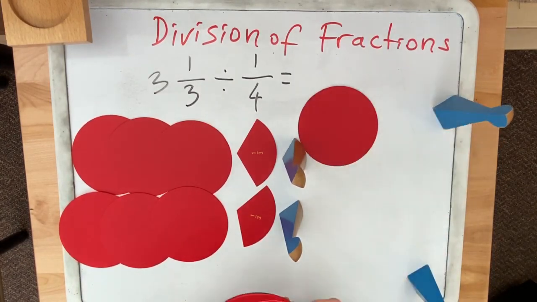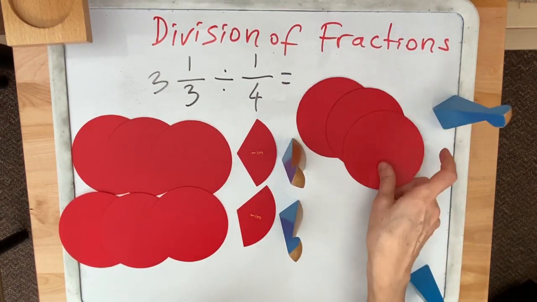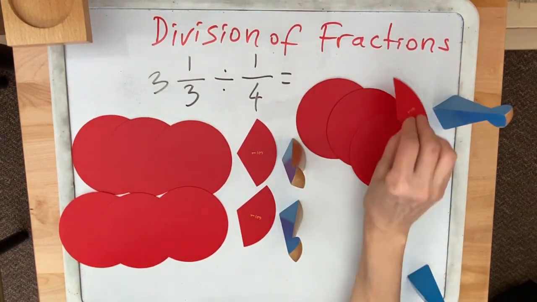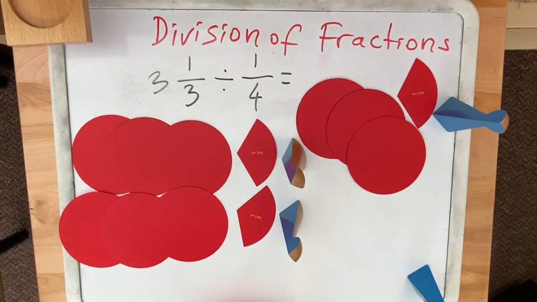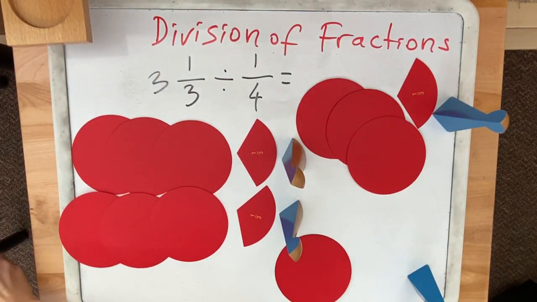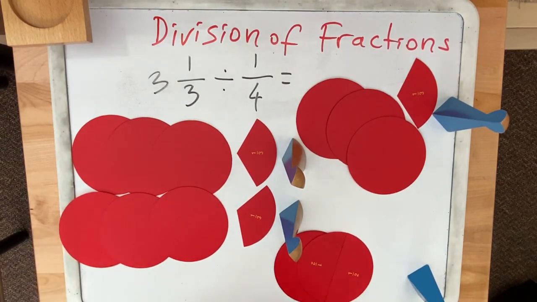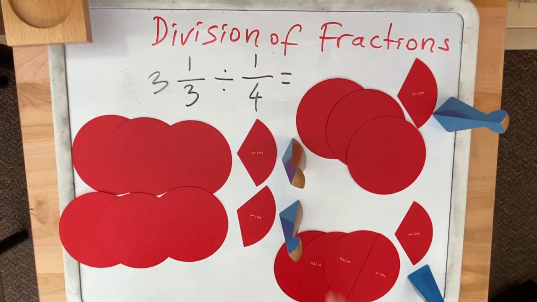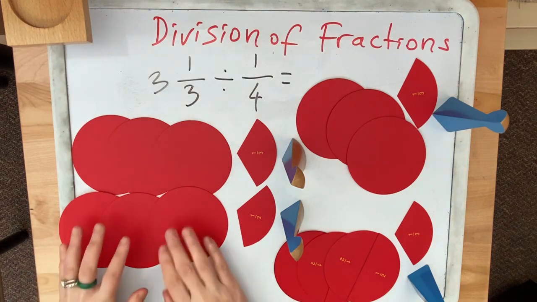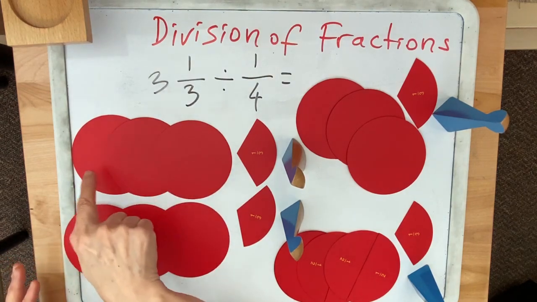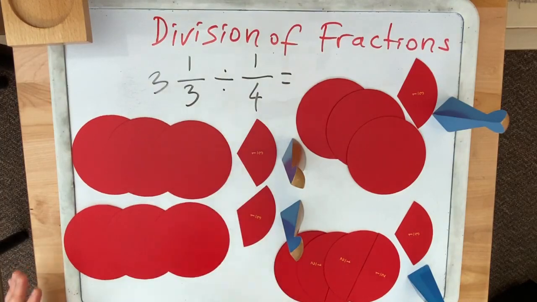1, 2, 3, and 1/3. 1, 2, 3, and 1/3. So now I have given each 1/4 Skittle part the same amount, which is 3 1/3.